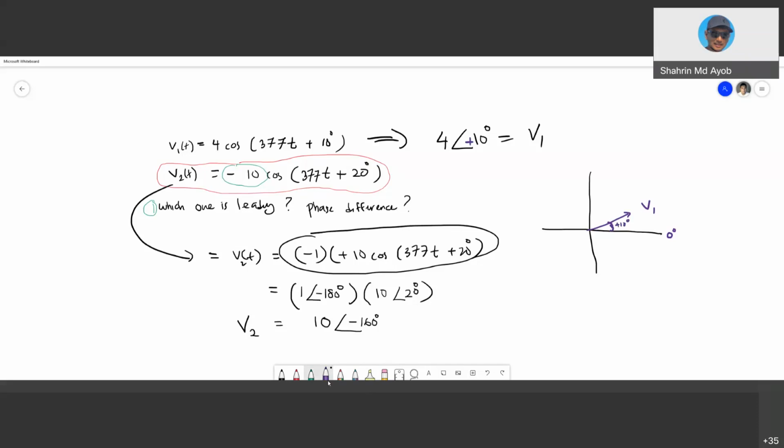And then V2 is 10 with negative 160 degrees. This one is negative 90 degrees, this one is positive 90 degrees, or negative 270 degrees. Negative means it starts from 0 and then swings this way. So this one is negative 160 degrees. So this is your V2.